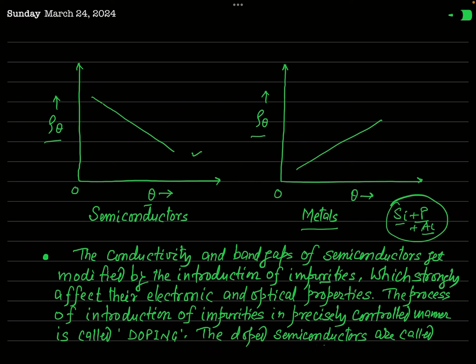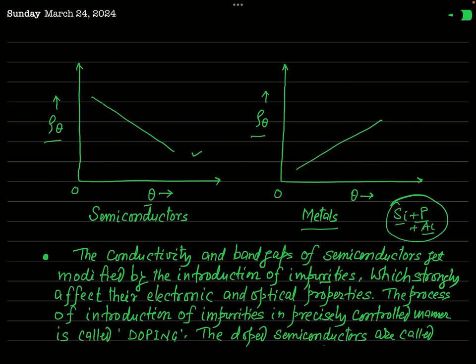So you can control or affect the conductivity of a semiconductor by adding some appropriate impurity to the pure semiconductor crystal. Actually, this impurity is not added in any manner, but it is introduced in a controlled manner, and this process is called doping.